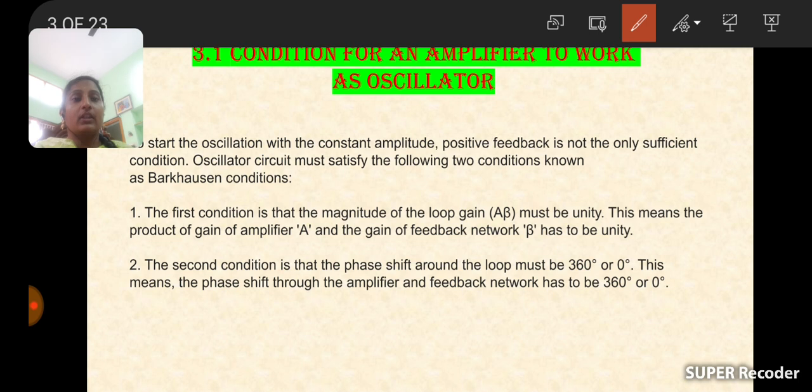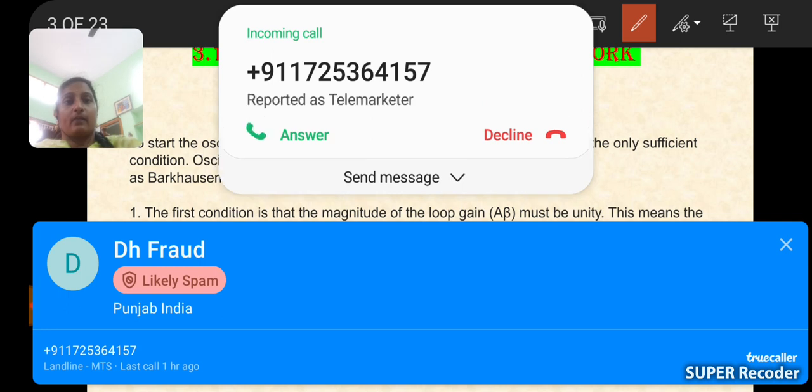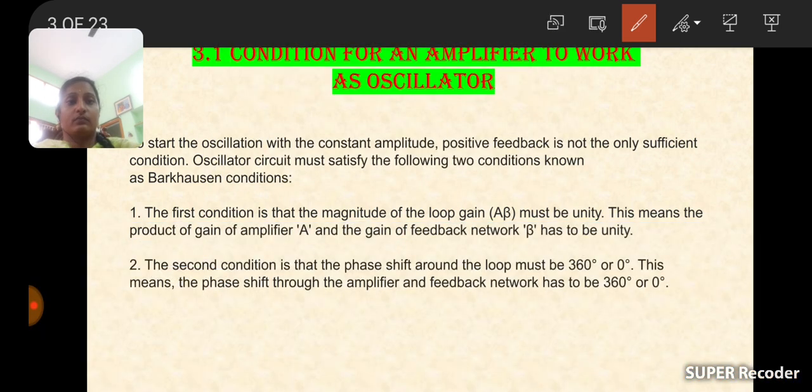After satisfying those conditions only, it is able to produce oscillations. In that way, the oscillator must satisfy two conditions. Already I said one condition, total phase shift around the circuit is equal to 0 or 360 degrees. And one more condition is there.